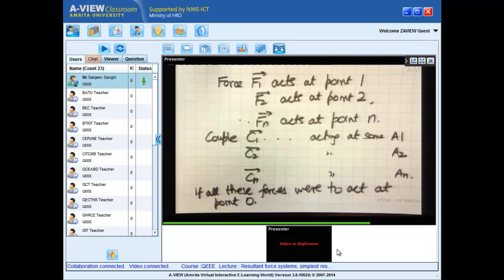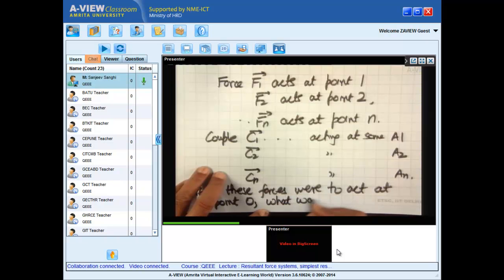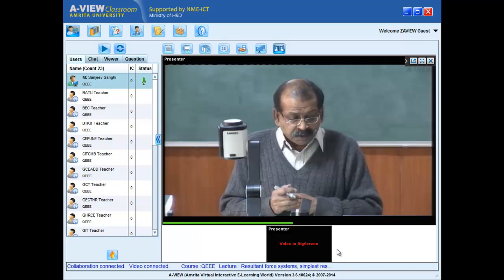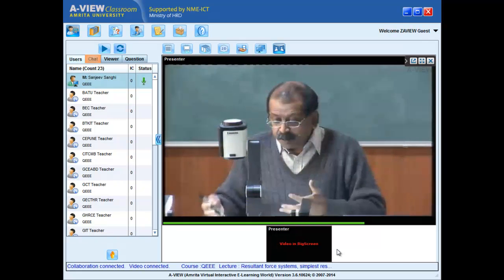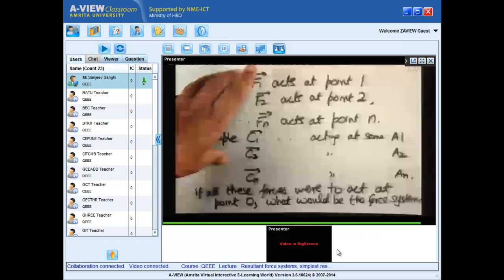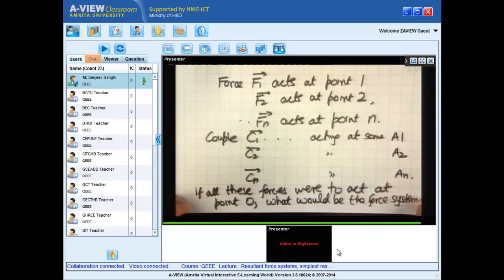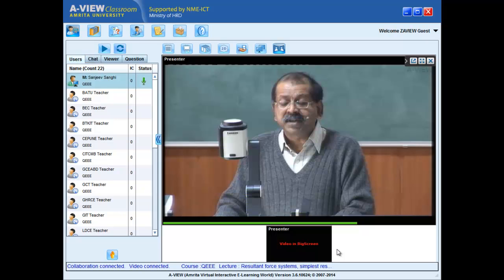If they were to act at point O, what would be the force system such that the rigid body undergoes the same motion as it does because of the original system?